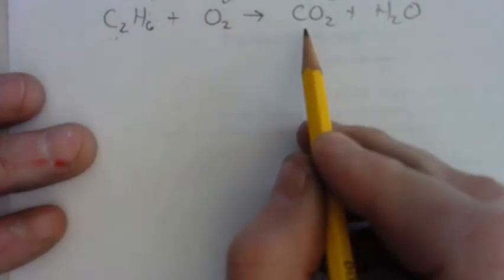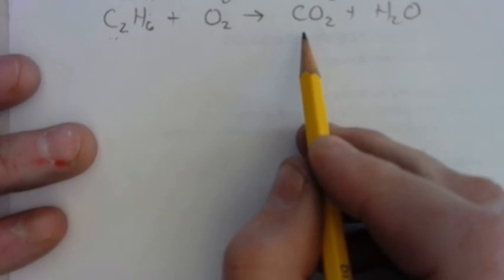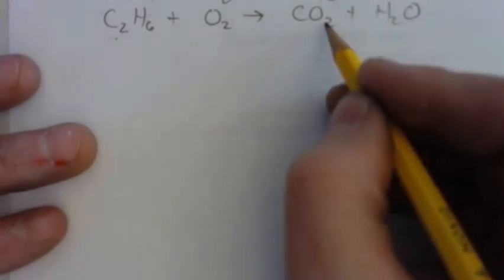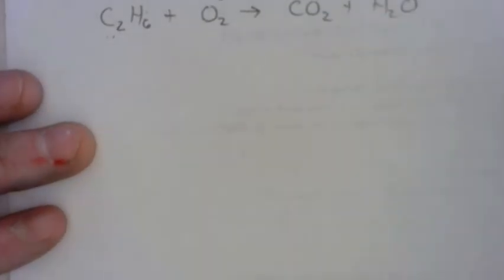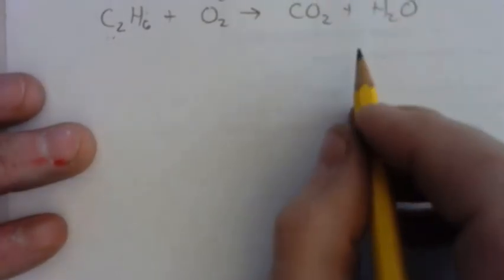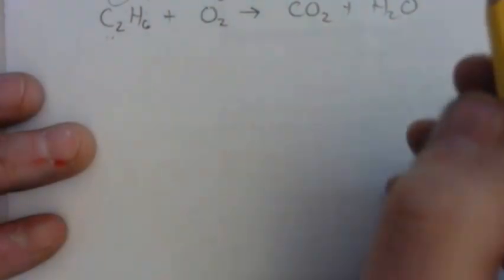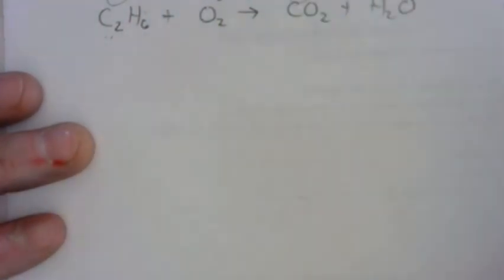Going back over here, we have carbon going, and it is 2, -2, so that's going to be a +4. And hydrogen, I forgot, it's still going to be a +1. So if we notice, carbon is going from -3 to +4.